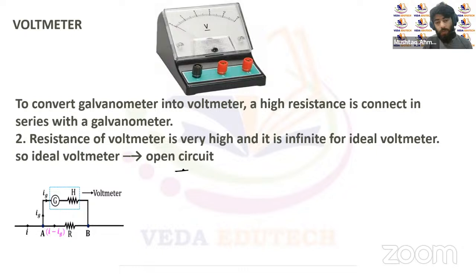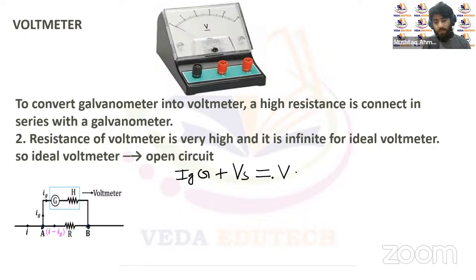The potential drop across the galvanometer will be Ig multiplied by G. Let me call the potential drop across this resistor Vs, or Vh, whatever you call it. And that has to be equal to the potential difference between these 2 points A and B. Let me call that V.